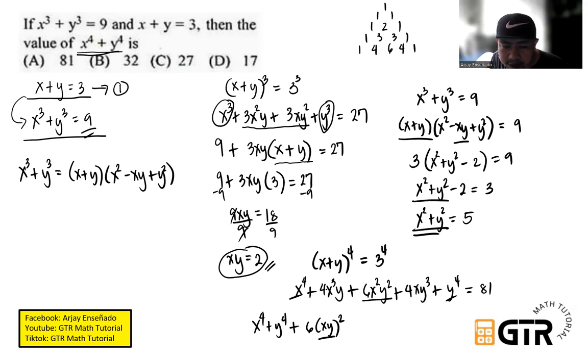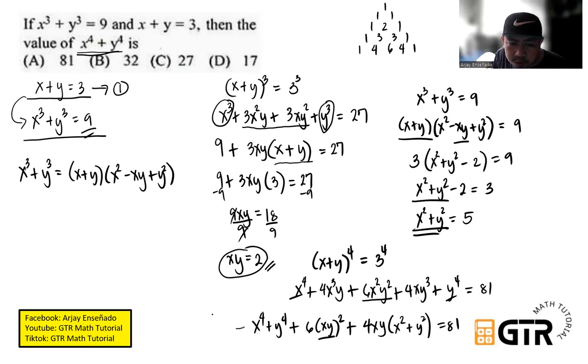Okay, so from 4x cubed y plus 4xy cubed, let's factor out the common factor, 4xy. If we factor out the 4xy, we will have x squared plus y squared, equals 81.